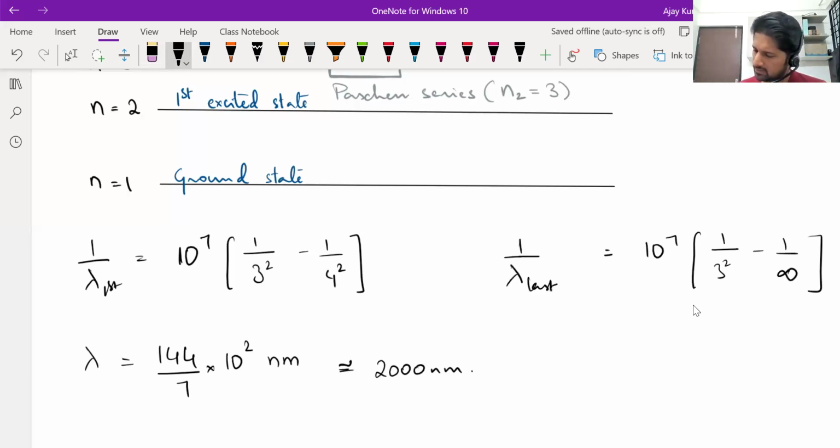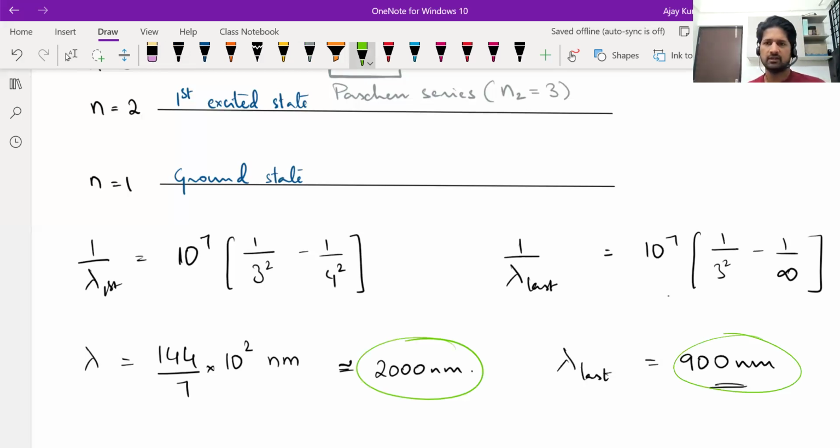If you invert this, you get lambda of the last line as 9 divided by 10 power 7 in meters. And in nanometers, it will become approximately 900 nanometers. Now, 2000 nanometers, 900 nanometers, all these are above 700 nanometers, or comfortably above 720.